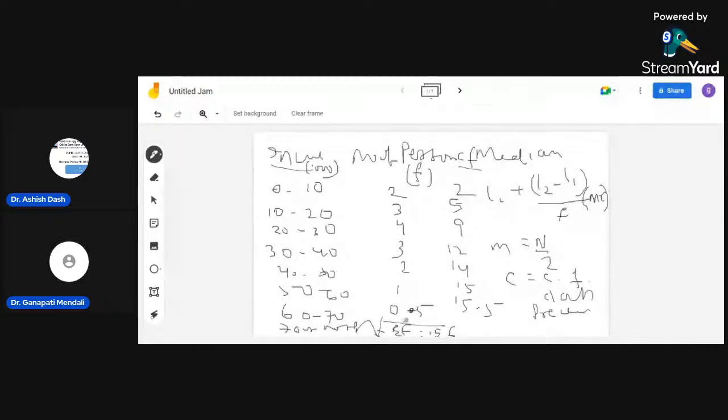So it is 15.6. This is the cumulative frequency.